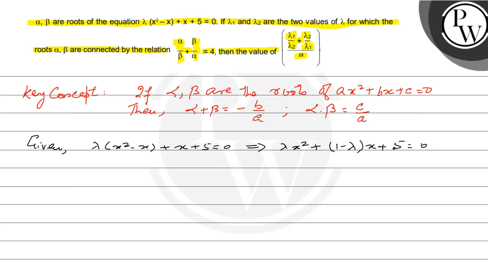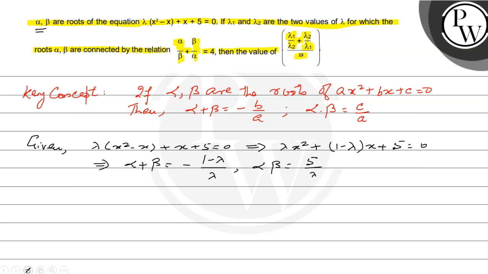Therefore, since it has been given that alpha and beta are the roots, I can directly write the sum of the roots, that is alpha plus beta, is equal to minus b, that is minus (1 minus lambda) over lambda, and the product of the roots alpha beta will be equal to 5 over lambda.